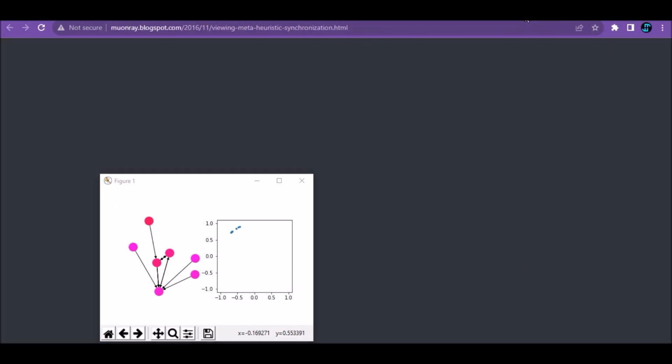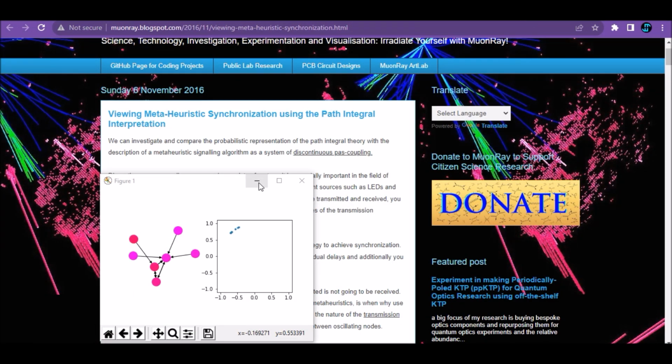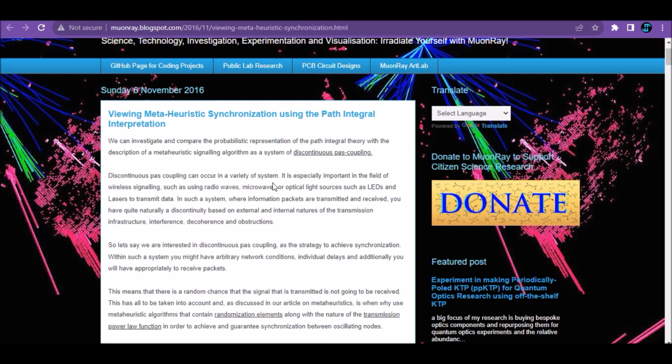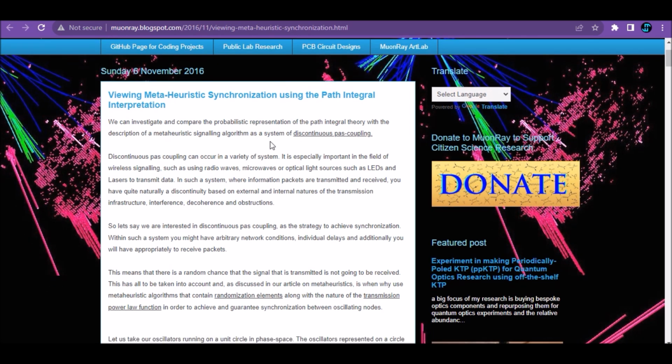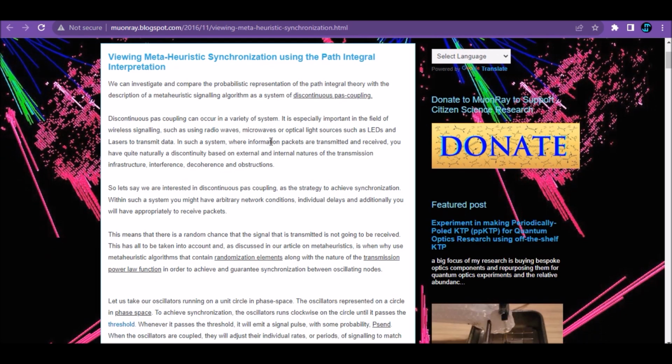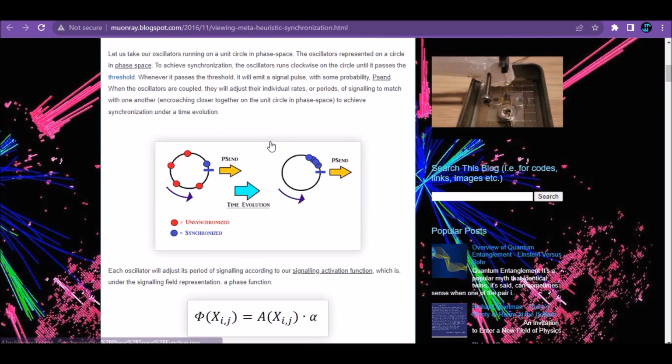It was a conclusion that I came to intuitively by looking at some of the mathematics of the path integral formalism in quantum mechanics, the path integral interpretation of quantum mechanics. So it is interesting that the time evolution from an unsynchronized to a synchronized state can pass through a threshold here.